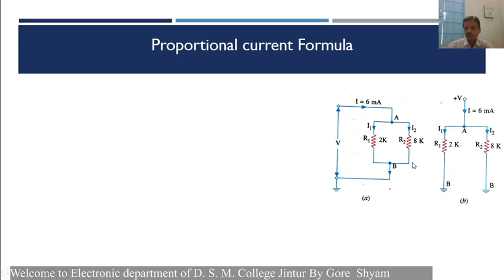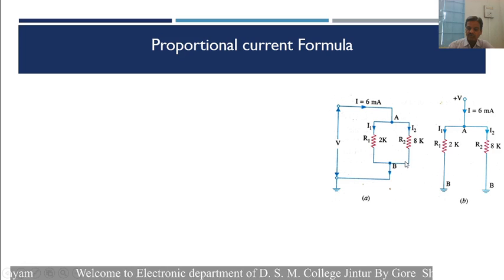Now let us find out the current flowing through each branch. Here there are two branches between the points A and B. The two resistances are connected: the first resistance R1 of 2 kilo ohm, and the second resistance R2 of 8 kilo ohm. The voltage across the points A and B is V, and the total current is I. When this current comes to point A, some current flows through this branch and some current flows through the other branch.